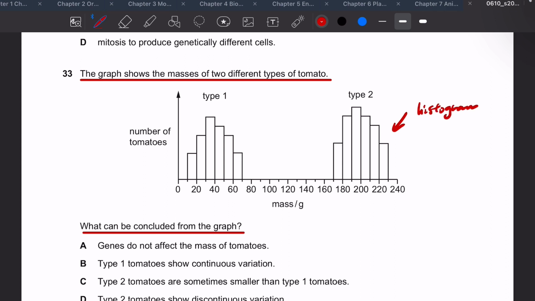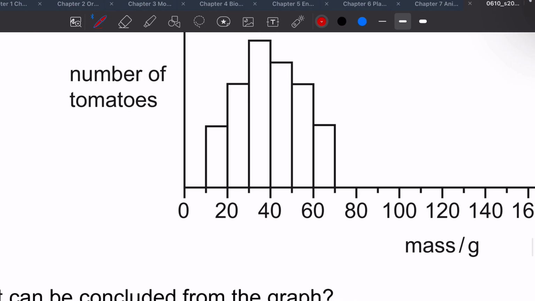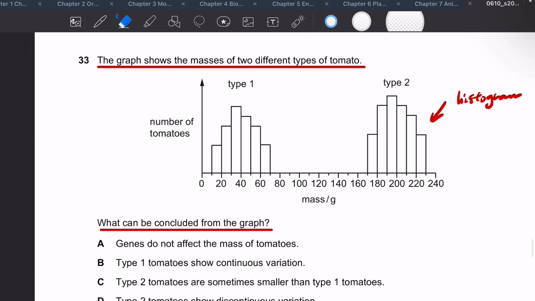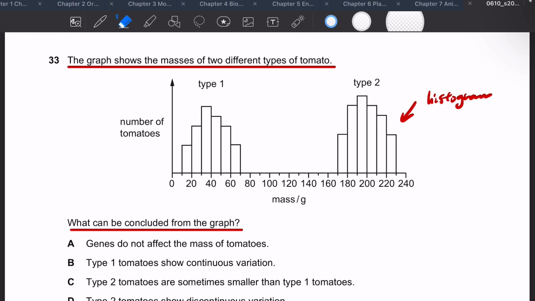It looks like a bar graph, but it's actually a histogram because the x-axis is showing ranges: one bar is between 10 and 20, and the next bar lies between 20 and 30, and so on. So it's not a typical bar graph, but a histogram. So what can we conclude from the graph?